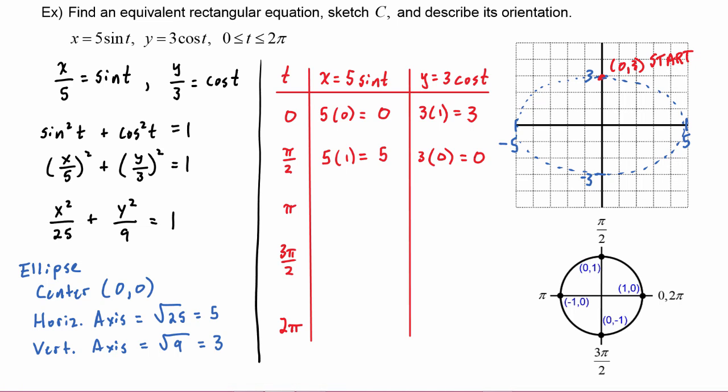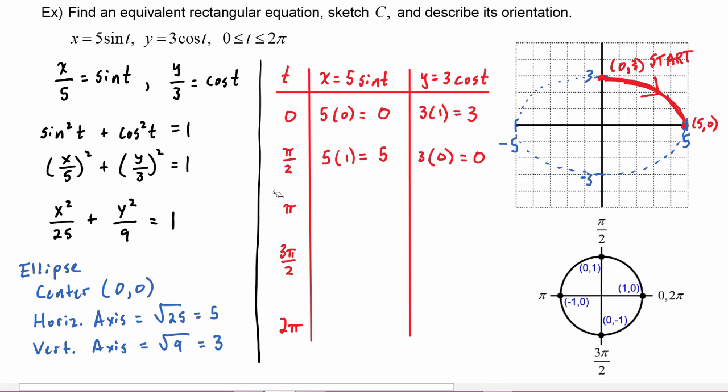So the plane curve C will travel along the ellipse to the point 5, 0, right here. And we know that it is traveling in this direction.